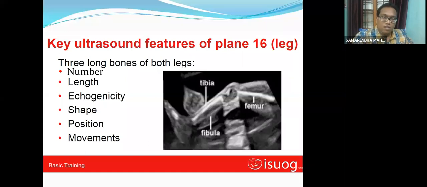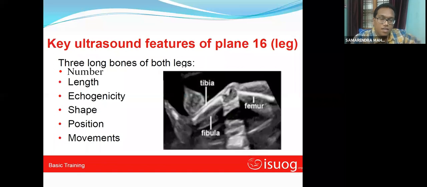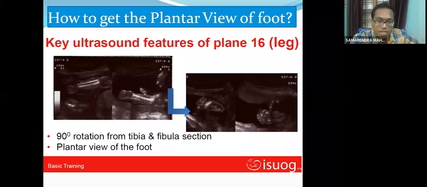So then how to get the plantar view of the foot? Actually what is happening, as has been seen, the foot and the leg are making 90 degrees, so both should be examined from the leg view. When the coronal section of the lower leg is taken, we will be able to see both the tibia and fibula, and what we are seeing in the heel area is a cross section.